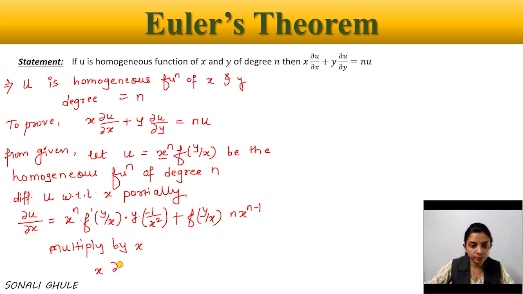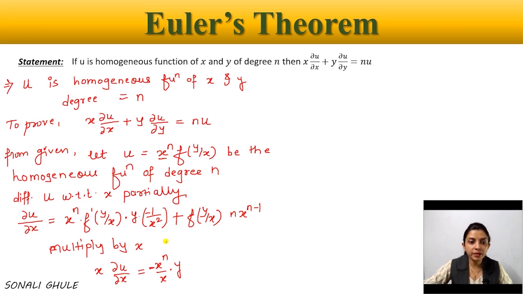x ∂u/∂x is equal to, so see here, x^n into y into -1/x². So when I multiply here by x, what happens? One x here gets cancelled, right? So here can I write it as x^n/x into y?